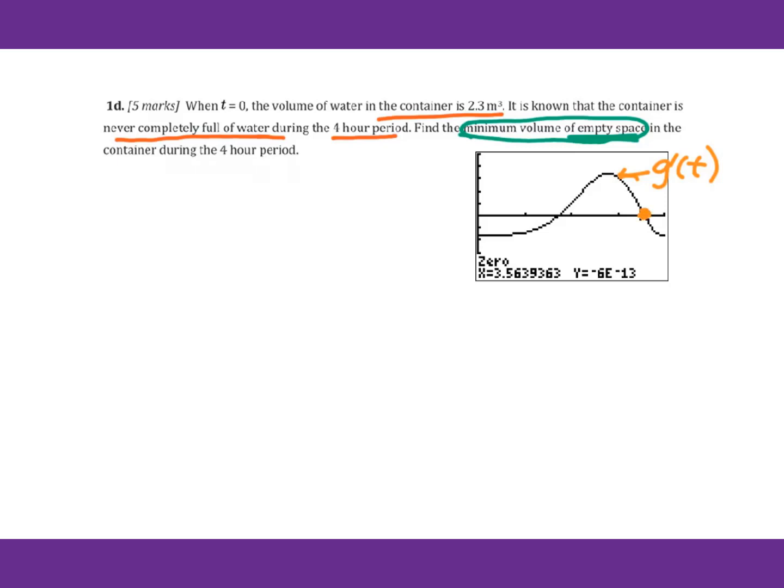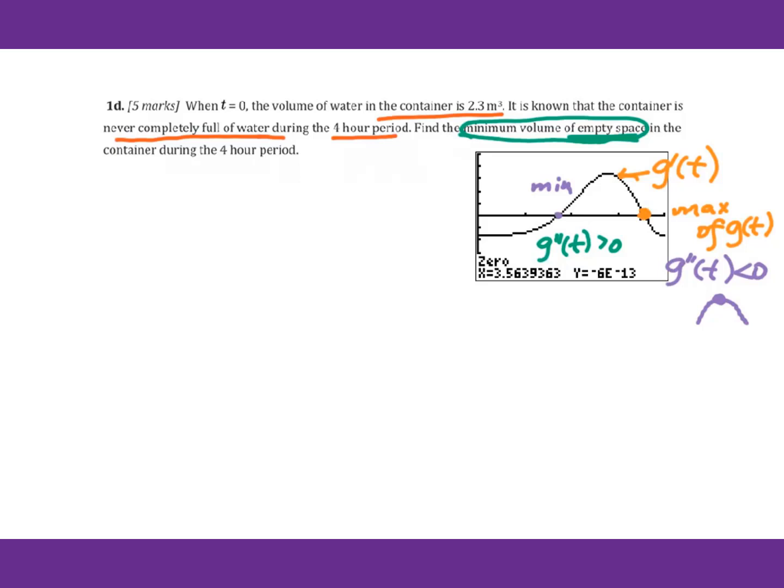This point will be the maximum point of g of t. Because look at the graph, this is decreasing, which means the second derivative is less than 0. So the graph is like this. This is a maximum point. This point is a minimum point, because g double prime of t is greater than 0, since this is an increasing function.